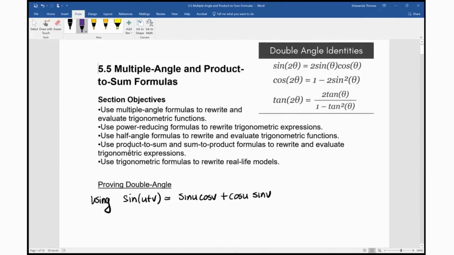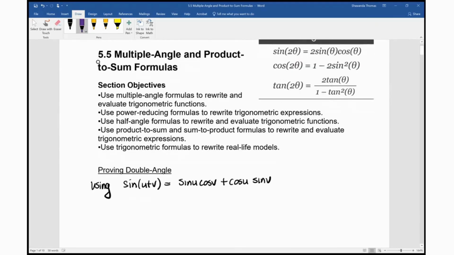So for example, this sine of 2 theta up here at the top. I can manipulate this to be sine of theta plus theta. What is theta plus theta? Simplified, 2 theta.